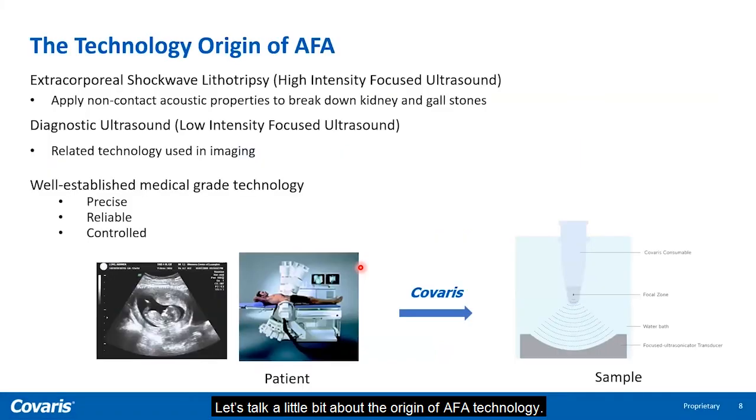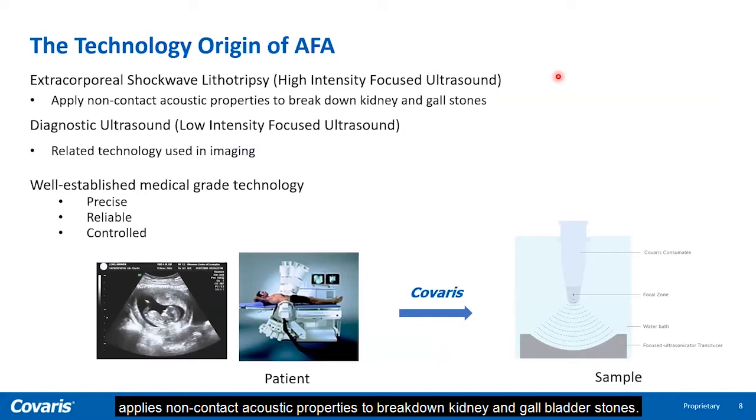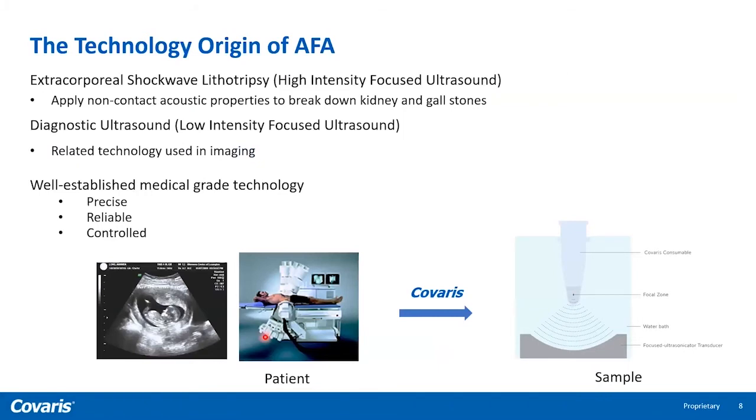Let's talk a little bit about the origin of AFA technology. Adaptive Focused Acoustics is based on highly developed technologies applied in the demanding medical field. For example, high-intensity focused ultrasound applies non-contact acoustic properties to break down kidney and gallbladder stones.